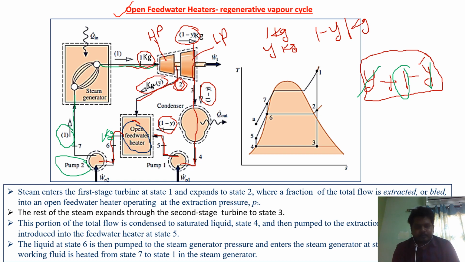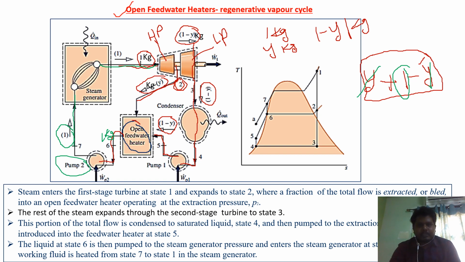So, the function of the open feed water heater is that it will increase the temperature of the condensed water because it is a direct contact type heat exchanger. In this heat exchanger, the extracted steam Y kg and condensed water 1 minus Y kg are mixing directly because this heat exchanger is a direct contact heat exchanger.